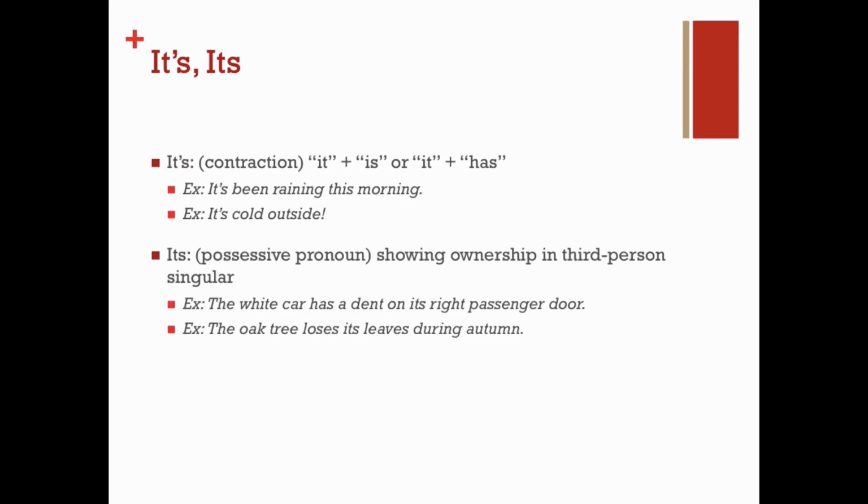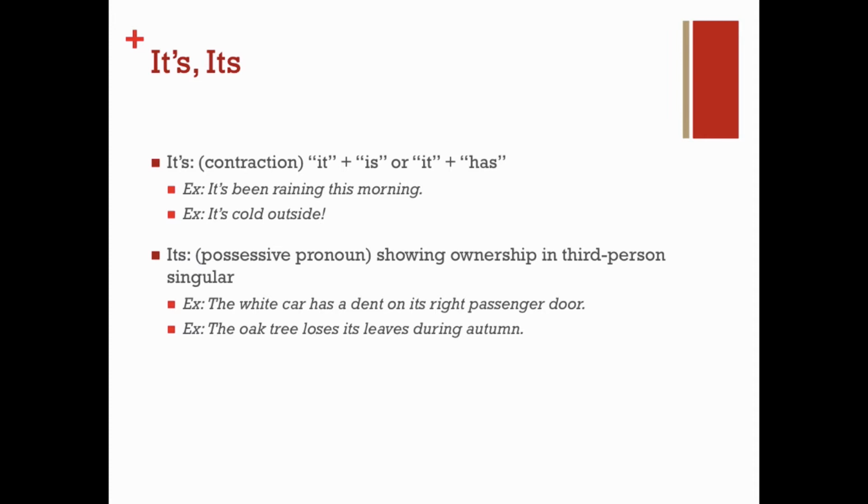I-T-S is a possessive pronoun. This shows ownership in third person singular. So whereas their was third person plural, this is ownership for something that is singular. Examples, the white car has a dent on its right passenger door, and the oak tree loses its leaves during autumn.